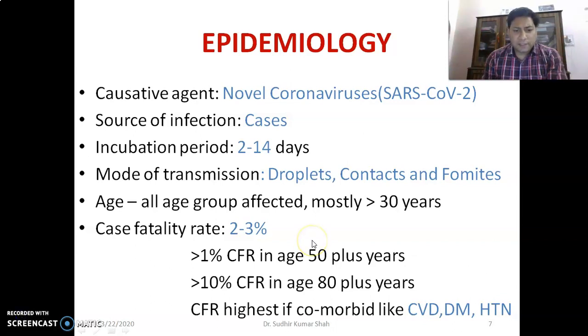The case fatality rate is less than 1% in age 50 years and below, but the case fatality rate increases suddenly to 10% if the individual's age is 80 years and above. And the more important thing is that the case fatality rises if there are comorbid conditions like diabetes mellitus and hypertension.